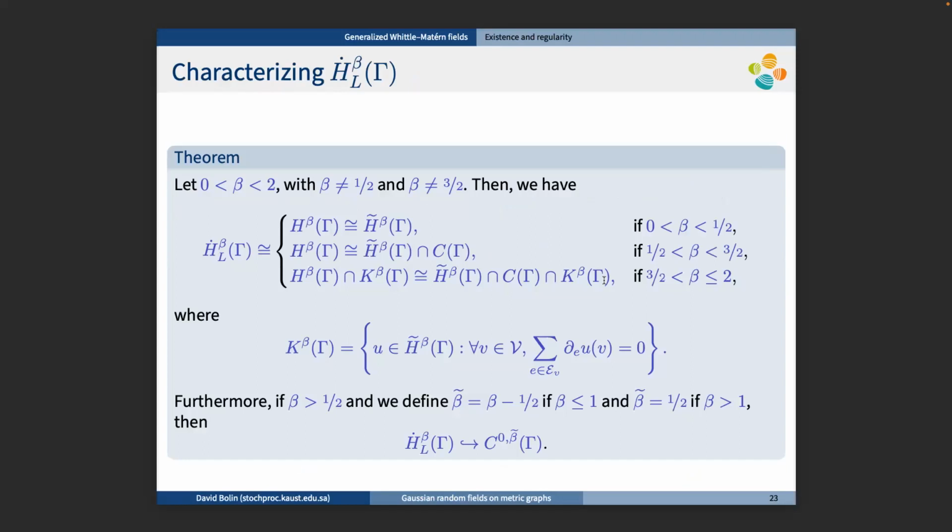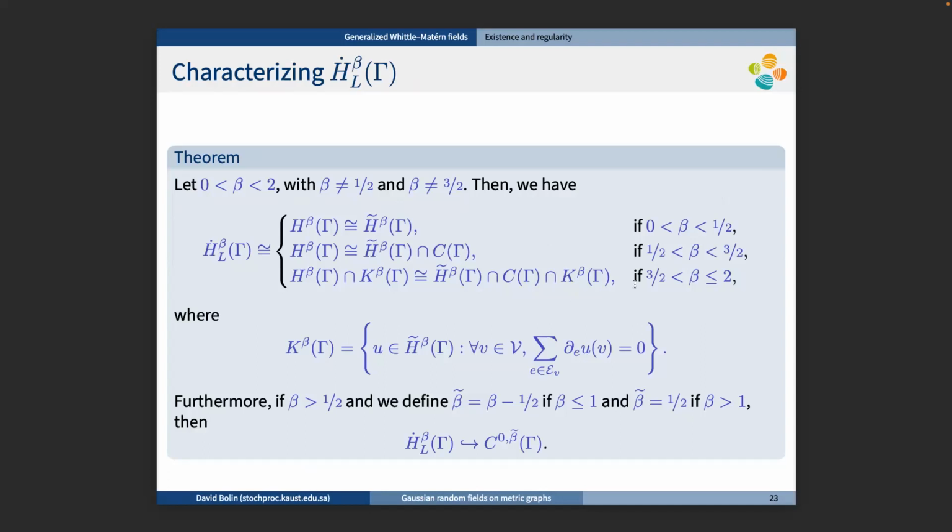There are two things to take away from this slide. The first thing is that these H dot spaces, the domain, behave actually as you might expect. What this is saying is basically that the domain is something like H beta, fractional order Sobolev on each edge, intersected with possibly continuity and this sum-to-zero constraint on the derivatives, depending on what beta is.